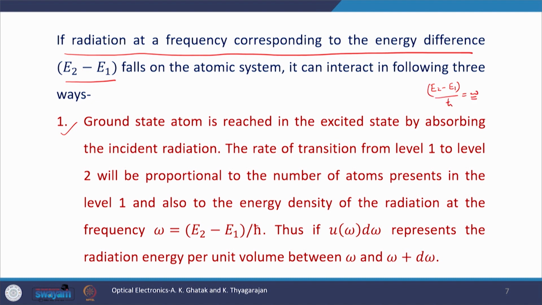Okay. I repeat, if we launch a radiation on this two level system, then the atoms or the electrons from the ground state will absorb this radiation and move to the upper level.